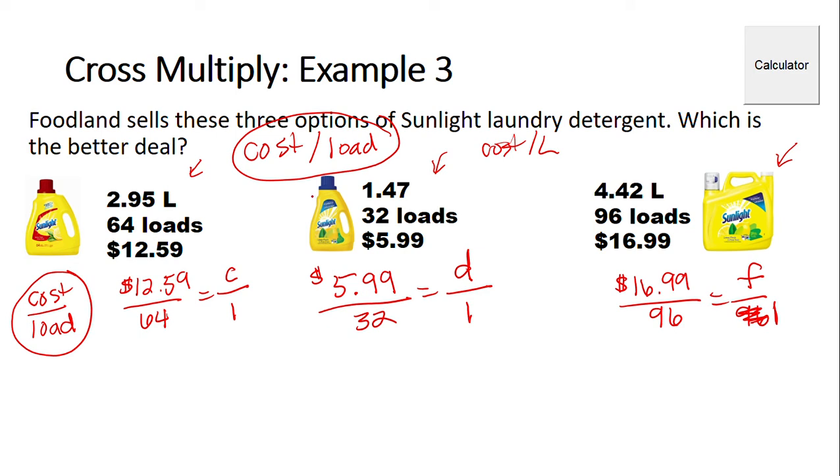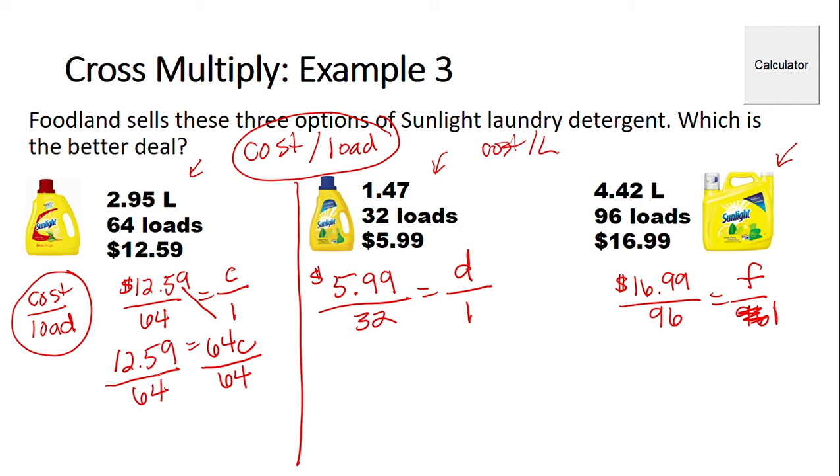And so I'm just going to start over here, just doing my simple cross multiply, and it's nice and easy because I'm multiplying by 1. So it's 12.59 equals 64C. And again, I need to get that variable on its own, so I'm going to divide both sides by 64, and get out my calculator here. 12.59 divided by 64 equals, and we're rounding up.